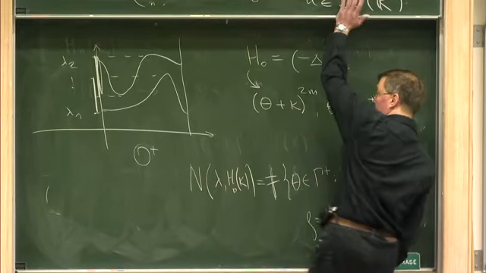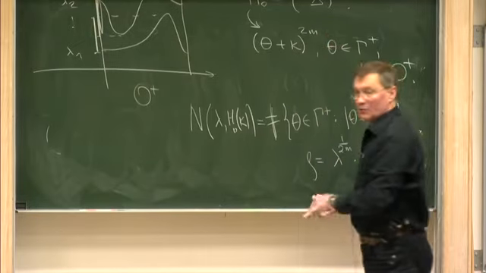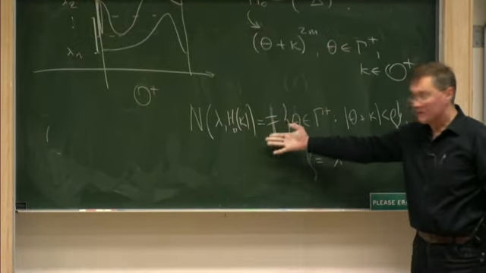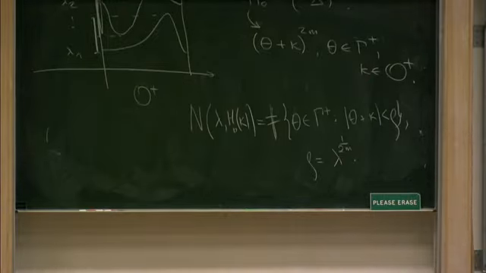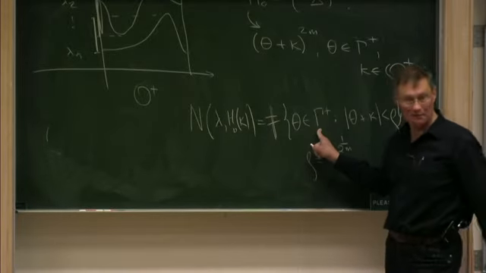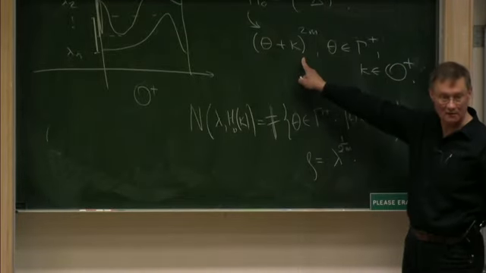So the counting function for the free eigenvalues, for the unperturbed operator, coincides with the counting function for the dual lattice. Because of that formula, these are eigenvalues.